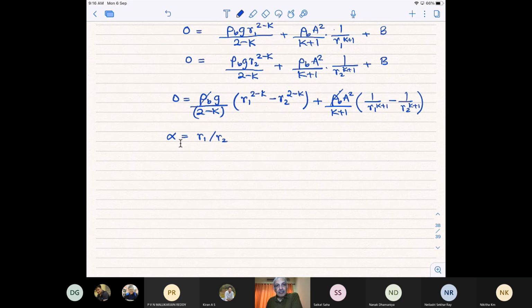Okay. And what I'll do is try to eliminate R2 everywhere as just R1 by alpha, so I'll work only in terms of R1.